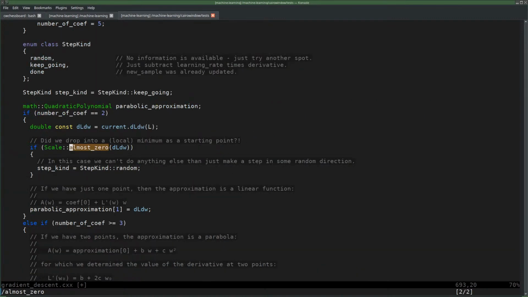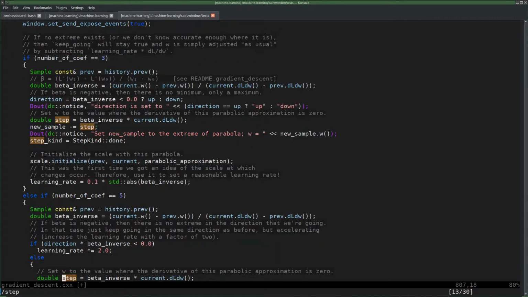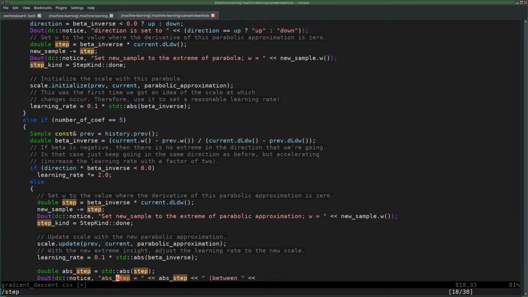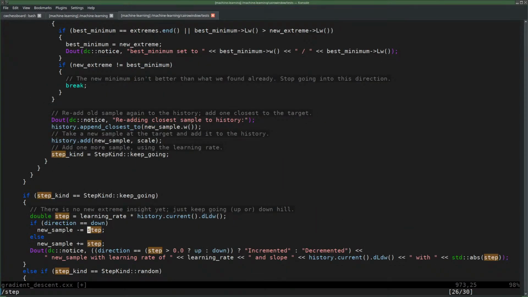Do I have to pass the thing that is being changed as well now? Sorry, the step. What am I updating? I've got what I was updating. This, the new sample. Ah, right.